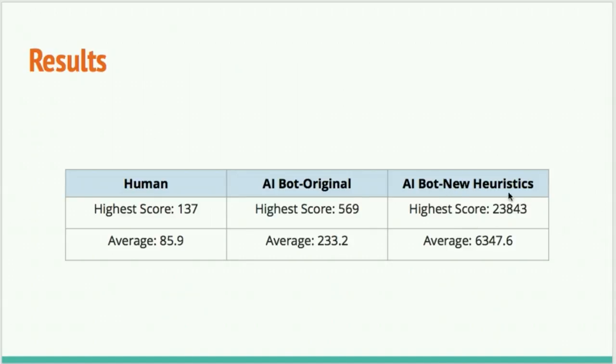So we can see that the new heuristics helped a lot, and running the genetic algorithm also worked very well to configure the weights.